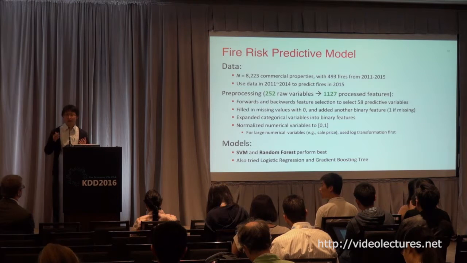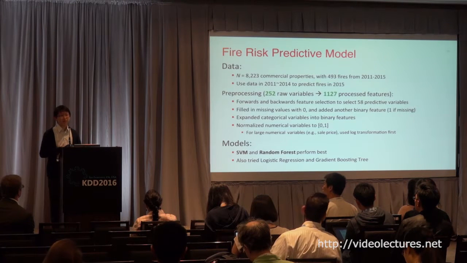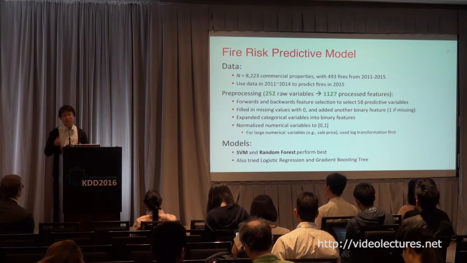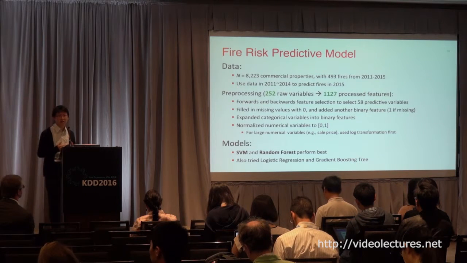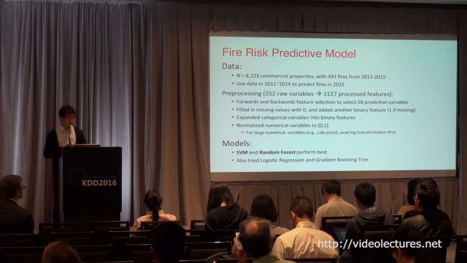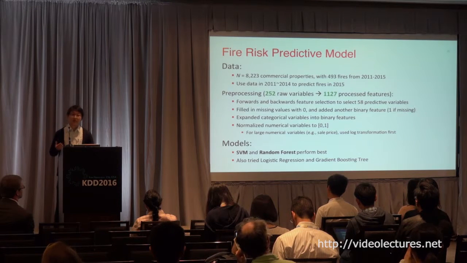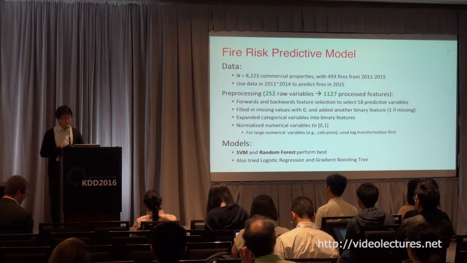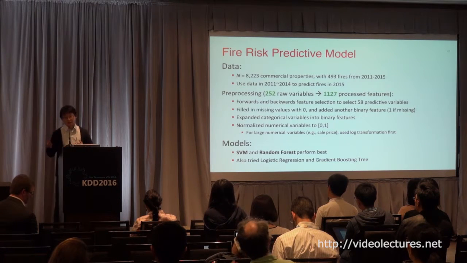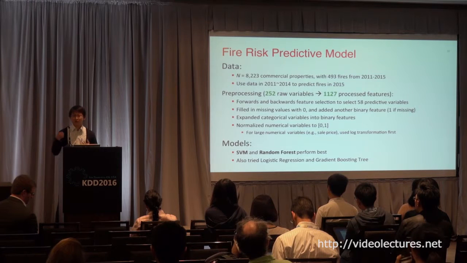Because we have heterogeneous data that comes from different sources, we need to do a sequence of preprocessing steps. The first step was to do feature selection. We used forwards and backwards feature selection and selected the 58 most predictive variables. Next, it's common for a merged data set to have a lot of missing values.